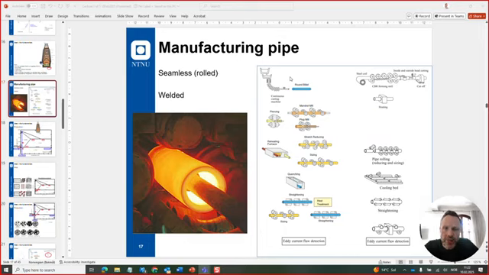Quenching means that you drop the temperature either quickly or in a controlled manner. All of this is done to control the micro level, the atomic level of the steel, in order to acquire the right steel properties.